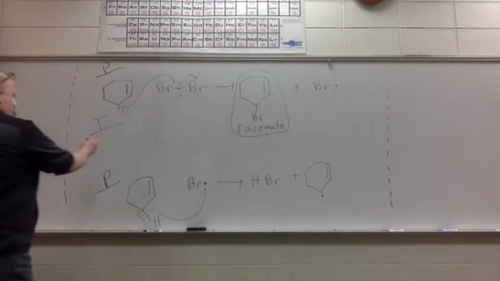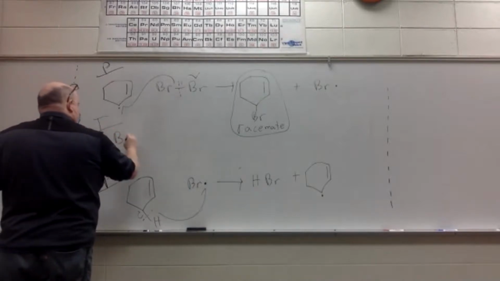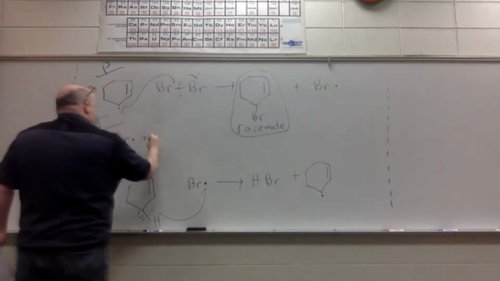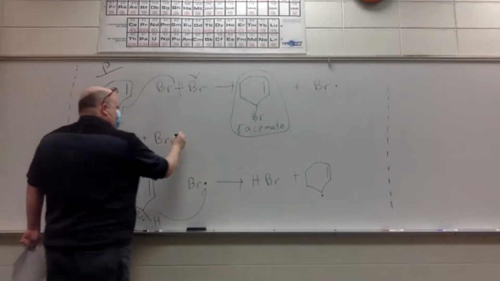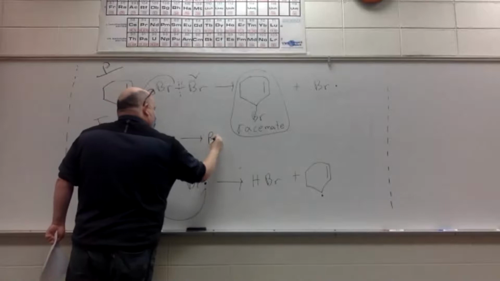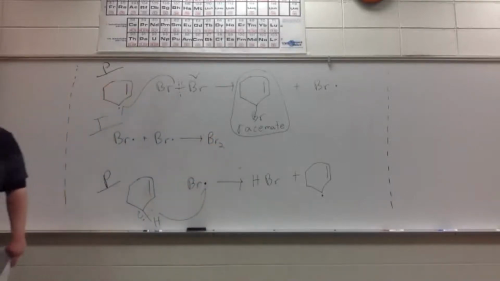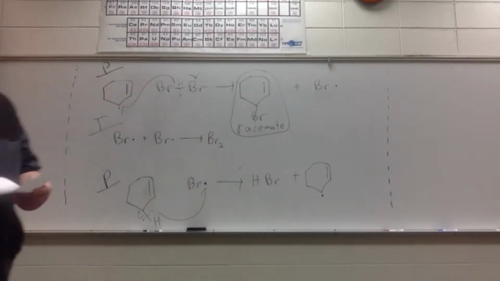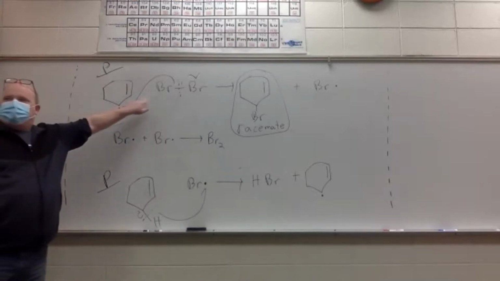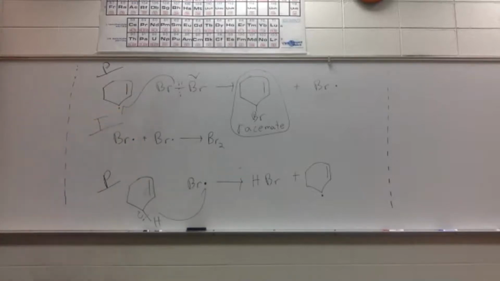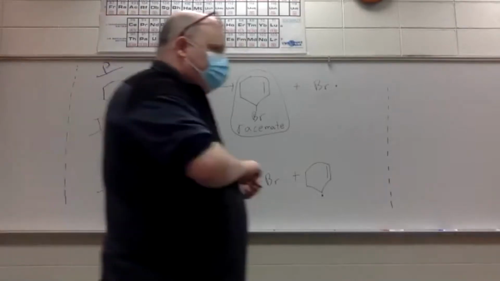One of the terminations that can occur is a Br radical combining with a Br radical to make Br2. So it's a little trippy to think about. Basically what happens is you take advantage of a termination product to fuel propagation. Does that make sense? But yeah, that's where it comes from.